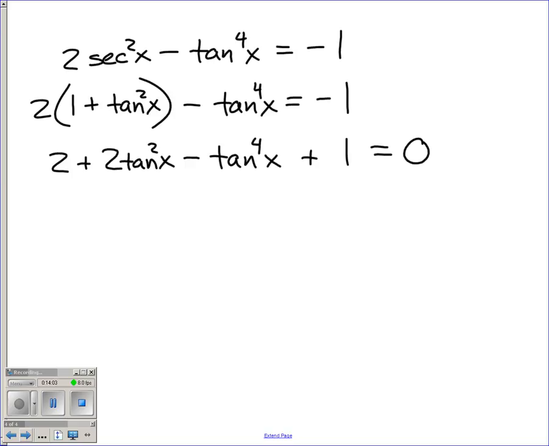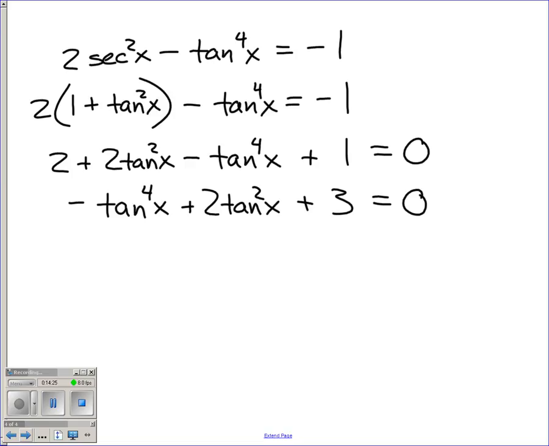The 2 up front with the 1 back here. I'm going to rewrite this minus tangent to the fourth x plus 2 tan squared x plus 3 equals 0. This is exactly what's there.